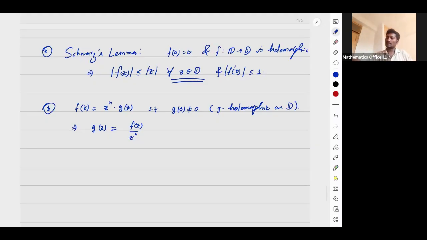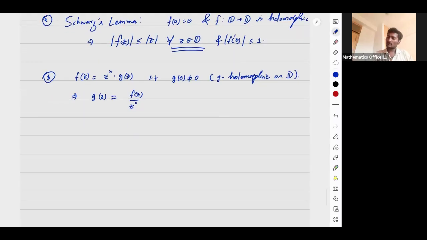Fine, so the proof is like this. We have a unit disk here, and we look at these smaller disks. Let's say this is a small radius r, and this is radius 1, the unit circle. Then on the closure of D(0,r), we are using the maximum modulus principle.